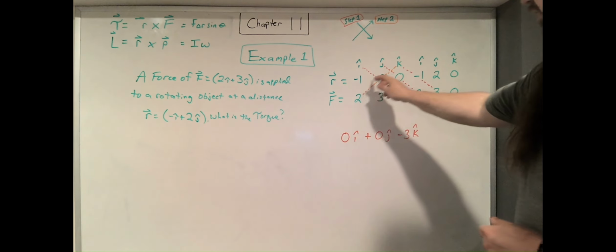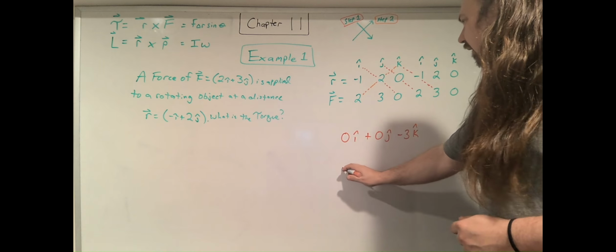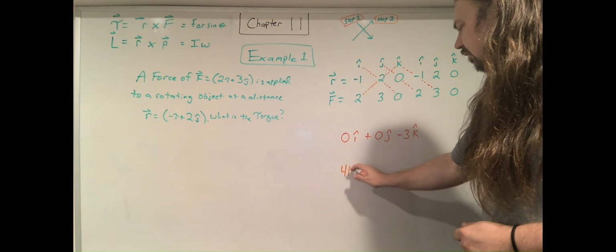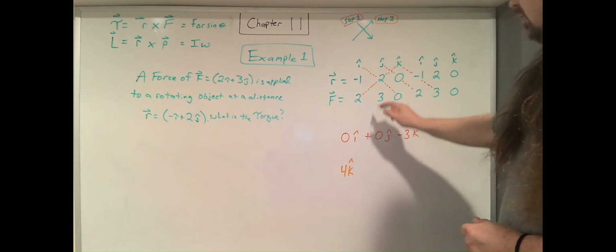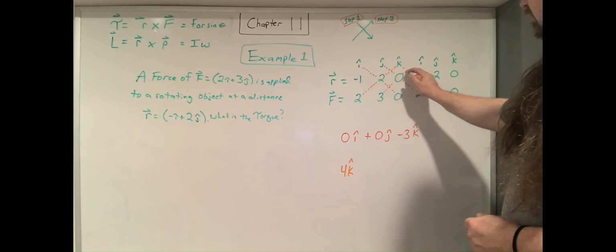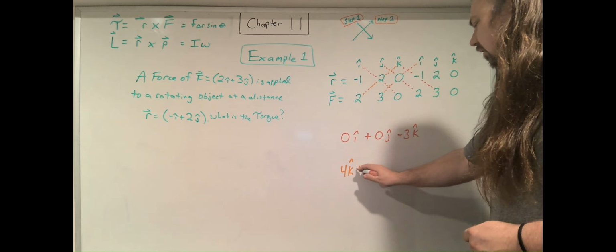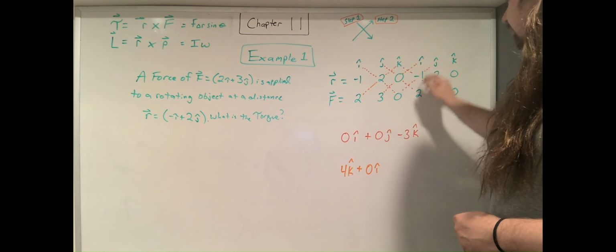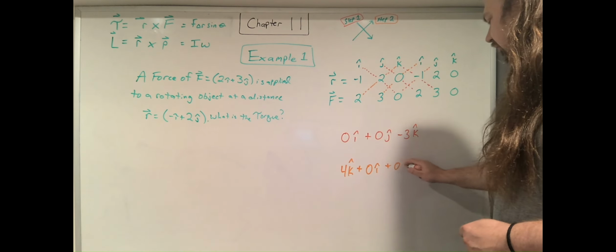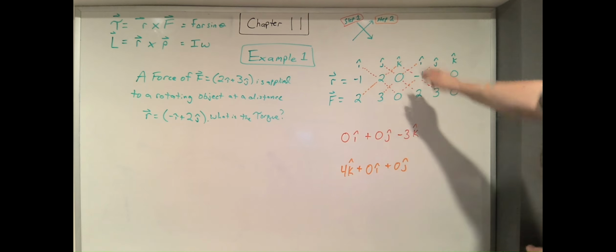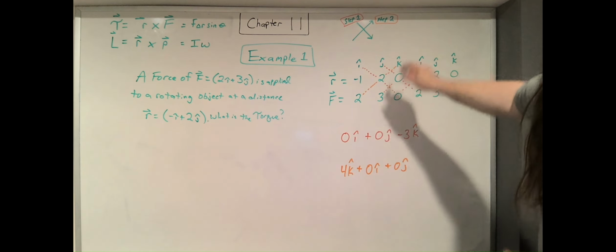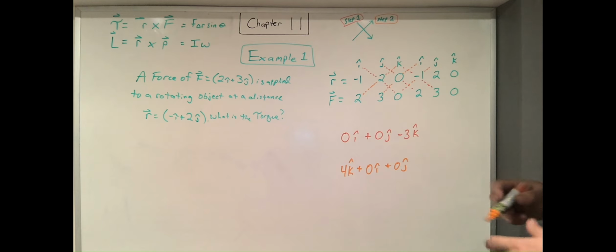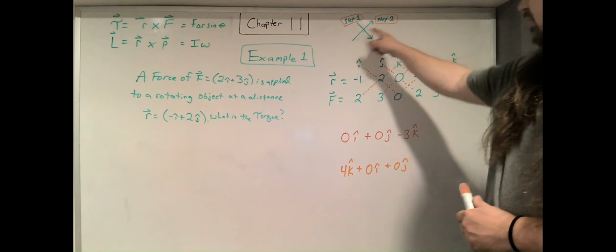And I get 2 times 2 times K. That gives me 4K. And then I get a 3, 0 times I. That gives me a 0I. And then I get a 0, -1J. And that'll give me a 0J. All right, so I've gone down with the red and I'm going back up with the orange, and that's my step 1 and my step 2.